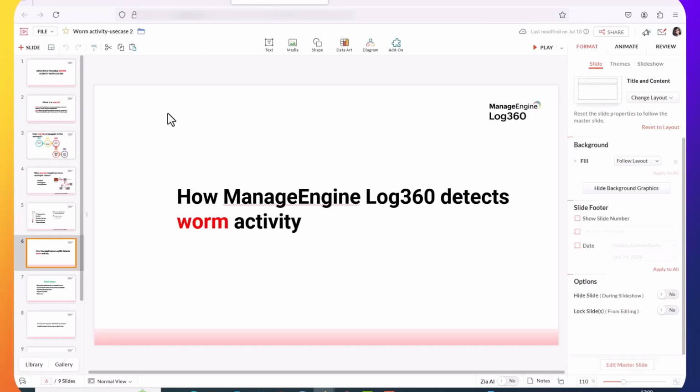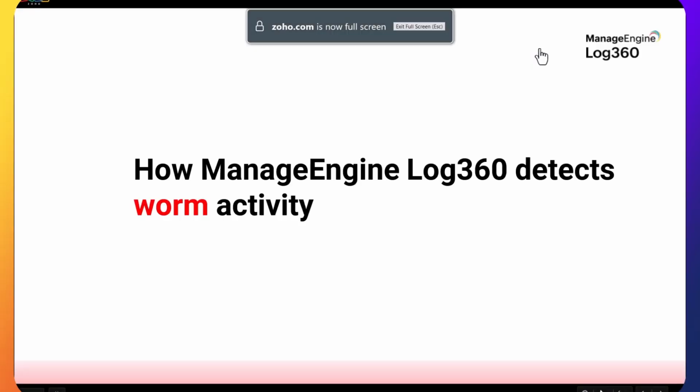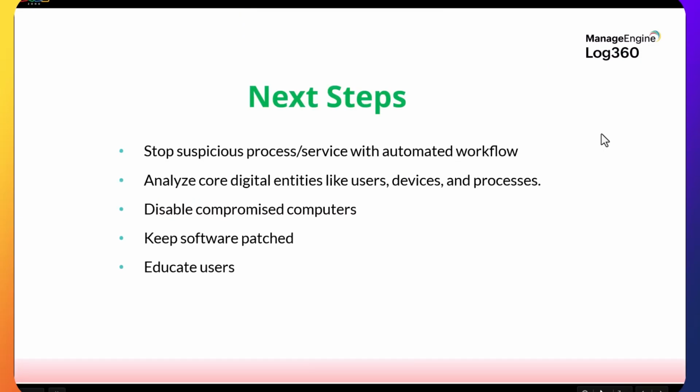Now, here are some ways in which you can deal with and prevent worm infections on your network. You can use Log360's SOAR capabilities to stop suspicious processes and services and even disable computers that are compromised to limit the spread of the worm throughout your network.